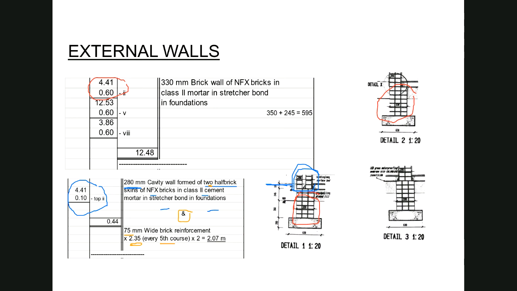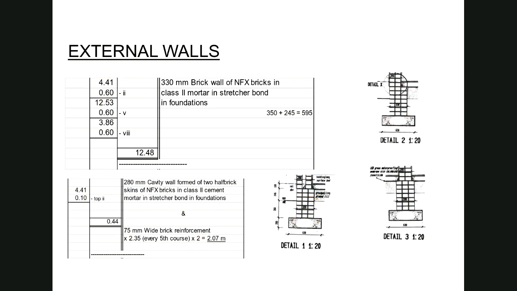And then I'm saying times 2 because now I have 2 half brick walls and I have covered my brick reinforcement. So now I have covered detail 1's 330 wall in foundation, and I've covered its 100 millimeter high cavity wall in foundation. And see there I have used the 100 millimeter high. So I have now successfully dealt with detail 1.